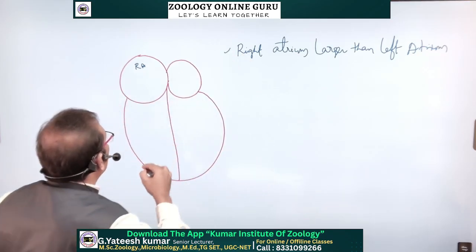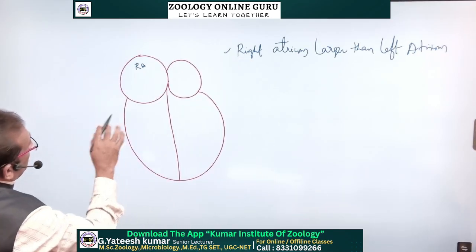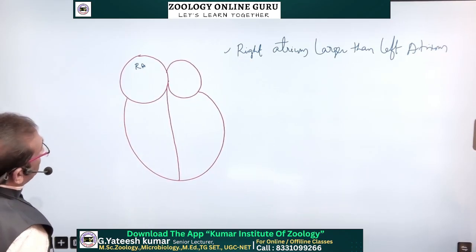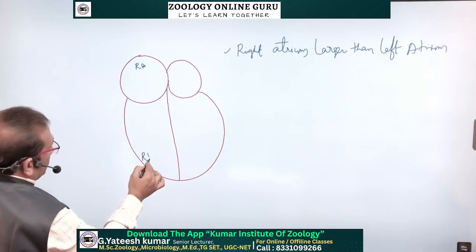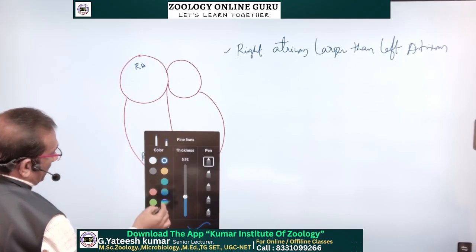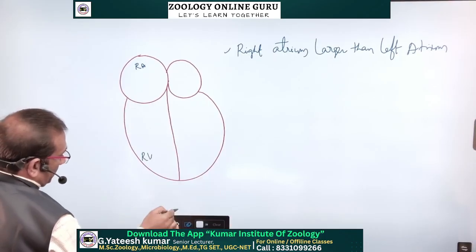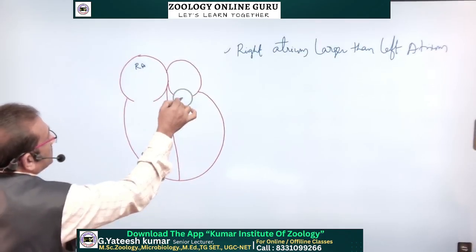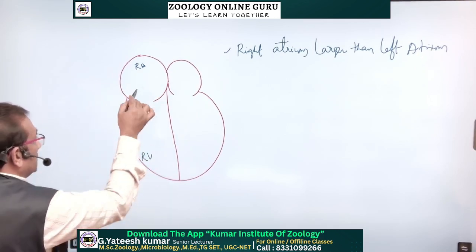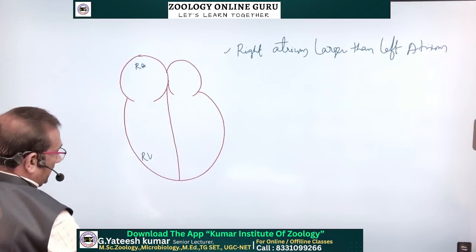First point here. In the right atrium and right ventricle, there is a hole, and here also there is a hole. Hole means the way is there, some entry is there.